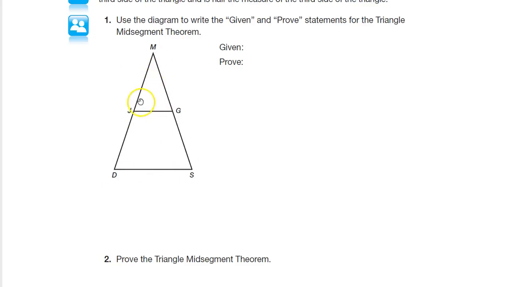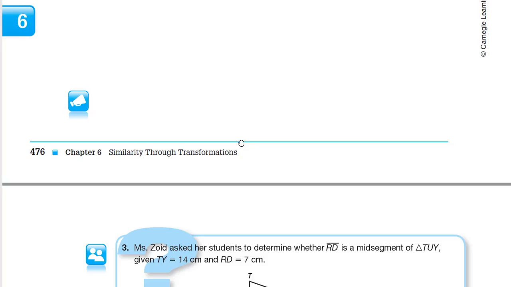Once you know the triangles are similar, then these base angles are also congruent. If the base angles are congruent, then by the converse of the corresponding angles postulate, these line segments must be parallel. So you've got the parallel piece there, and then the ratios are 1 to 2, so this is 1 to 2 as well. This is half of that. So that's kind of the way you want to go with that.